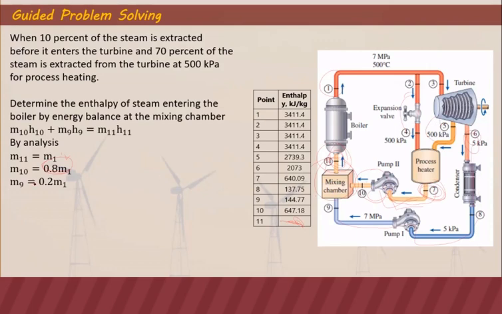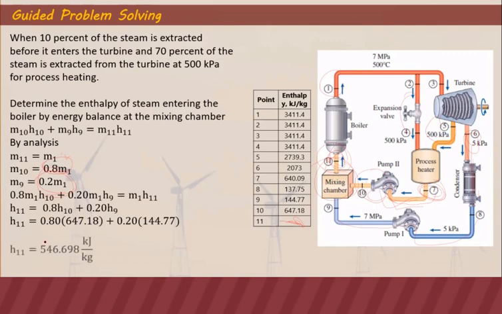So that's why it's 0.2 M1 at state 9. So plugging in the values here and solving for H11, our H11 is just equal to 546.698. So as you can see, it should be between 9 and 10. So it's not greater than 10 and it's not lesser than 9.